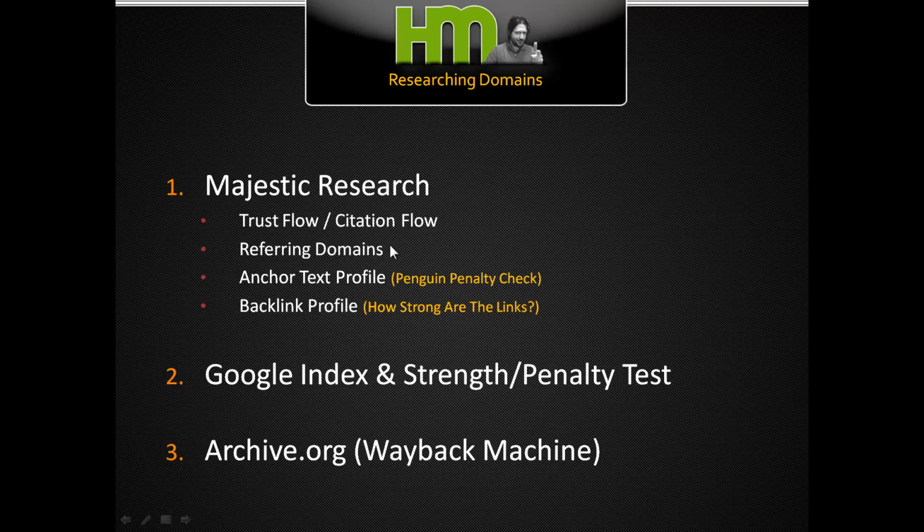The referring domains is a really important one, and I see a lot of people on Facebook and stuff buying domains or even advertising domains just based on trust flow, and there's a huge problem with that. Let's say, for example, you're looking at a PBN site you want to buy. It's got a trust flow of 25, but it only has 4 referring domains.